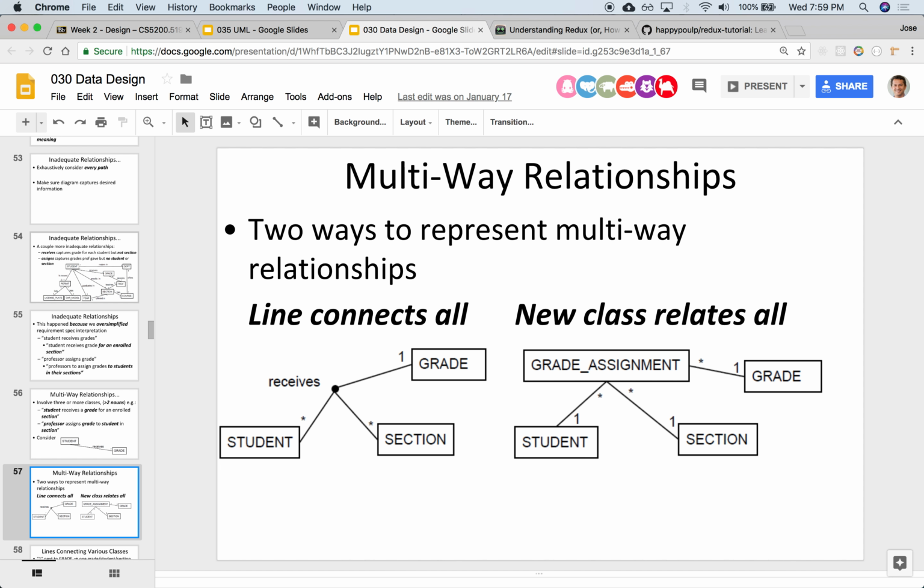So we look for a concrete way that we could possibly capture that in a concrete table that would have maybe foreign keys to all the other entities involved in that relationship. Okay. So again, there would be three foreign keys pointing to grade, section, and student, right? In a particular record, right? Relating all three. All right.